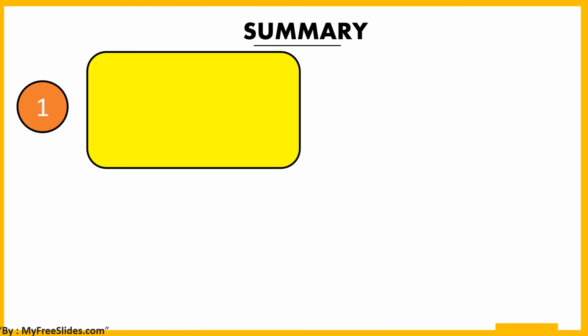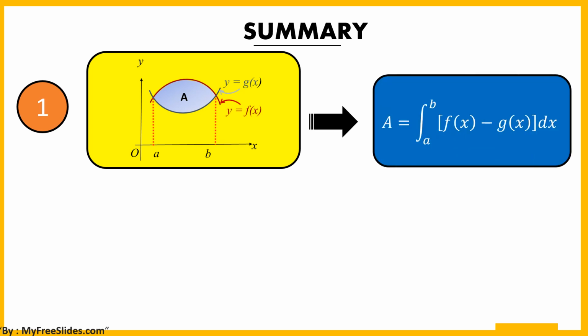Summary for today's lesson. First, if we have two curves intersect at x equal a and x equal b, then the area of A is obtained by finding the integral of f of x minus g of x from x equal a to x equal b.